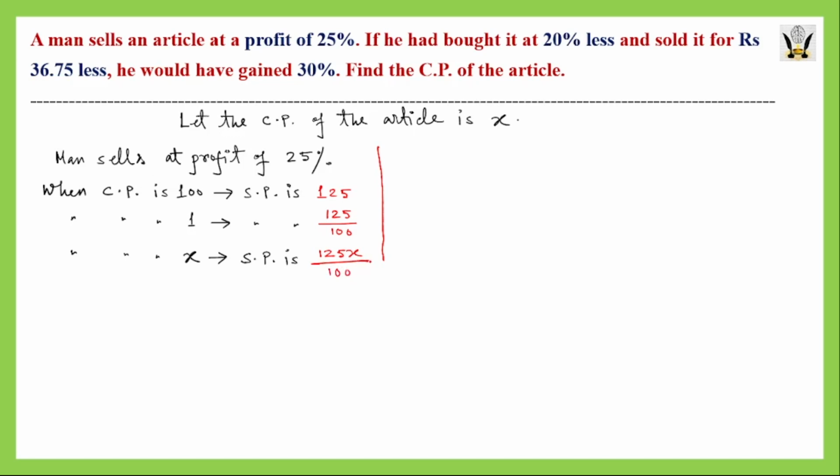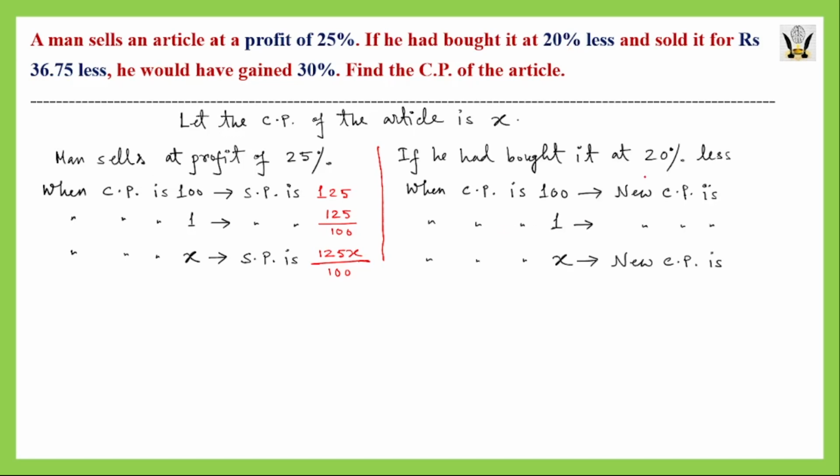Now what happens if the problem statement says if he had bought it at 20% less? Bought it at 20% less means the cost price will be calculated with respect to that. So if the cost price is 100, then the new cost price will be 20% less, so per cent 20 less.